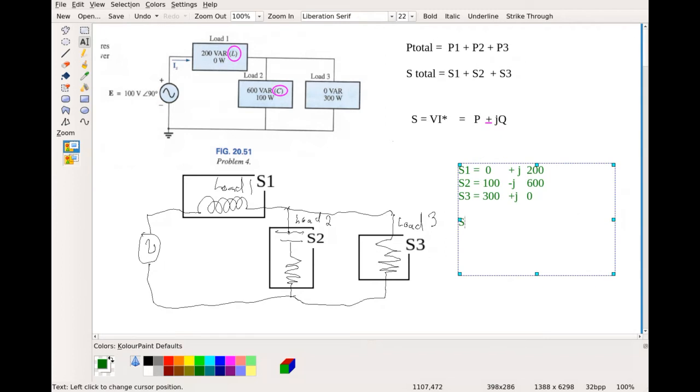All right, so now S total is equal to 400 minus j400. Isn't that convenient? All right. And so remember, the units for this is VARs.